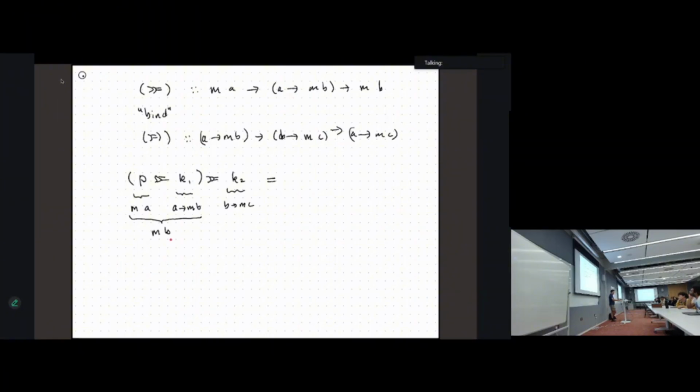Now we've got an MB binding onto a B to MC, which means that this whole thing here better have type MC. So you can see that we can just tack in more continuations K to the right of this thing, and we'll keep on accumulating the results as we go.